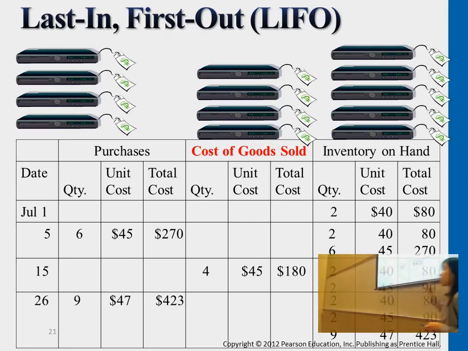This tells us that whichever method you use, the total cost, which is the total inventory purchase cost, is the same. What we're trying to do is just assign whether 45 first or 40 first or 47 first. It's just a way to assign costs, but overall, if you add cost of goods sold with ending inventory, this is what we call total cost available for sale.